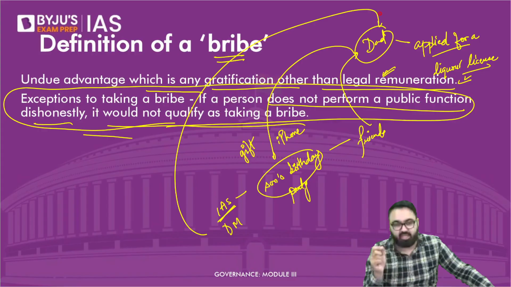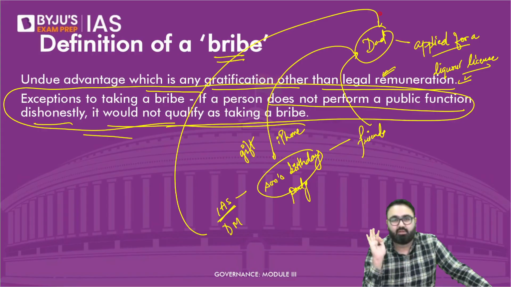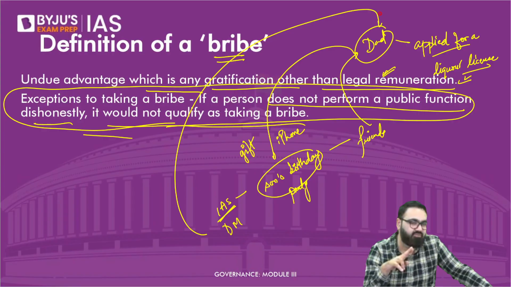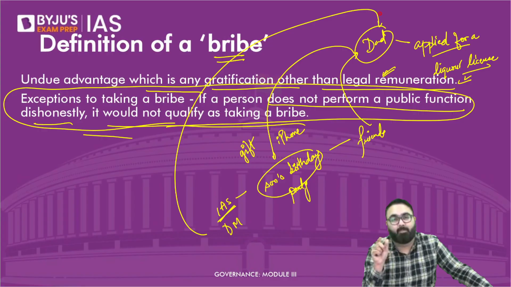If you're performing your duty honestly, that is all that matters. If you have been given a gift, or something in return, it doesn't matter. As long as you are performing your function honestly, this will not be called a bribe.